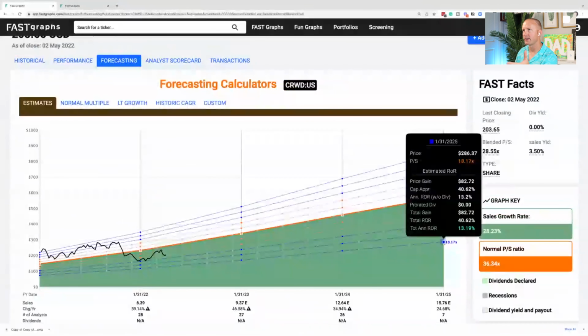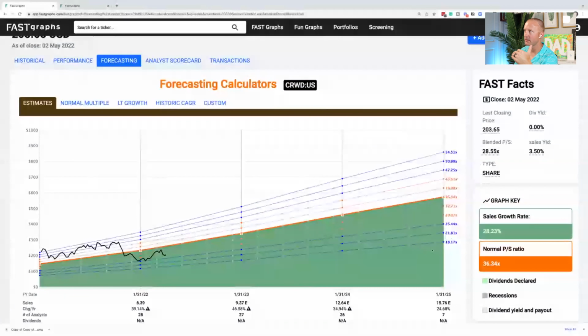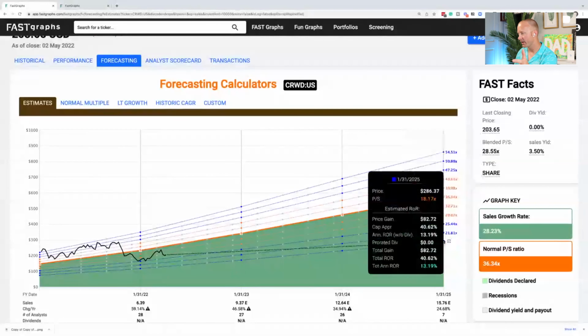I disagree with that concept because I think some things do deserve to trade at higher multiples based on the growth in the market they're in, the profitability and execution of the business, the management team, all of that stuff. Will CrowdStrike earn or deserve a price to sales ratio of 18 in 2025 if they're growing revenue at 25%? That might be a little high. So maybe it should come down to 15 or even 10.